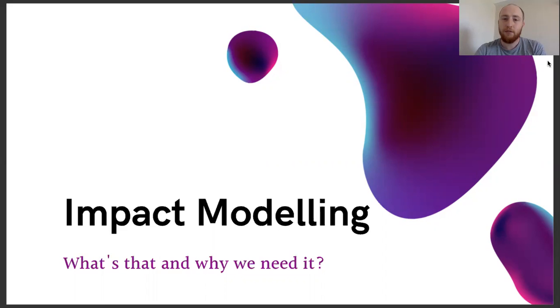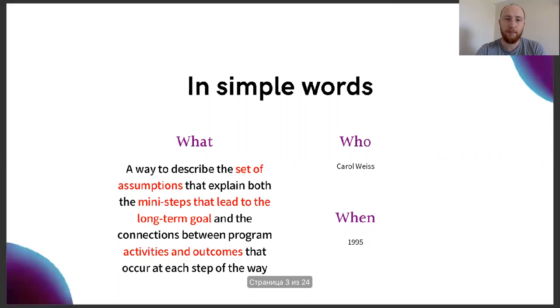So let's start from theory of change. I wouldn't like to go really deep in this theory because a lot of books have been written about it, and you can investigate on your own.